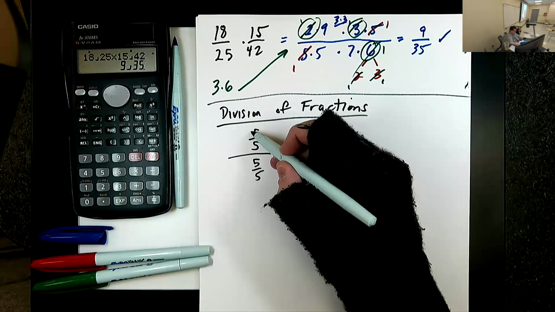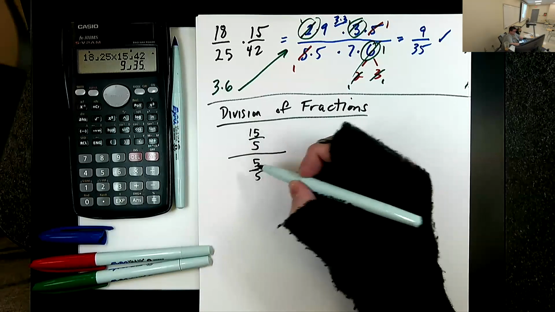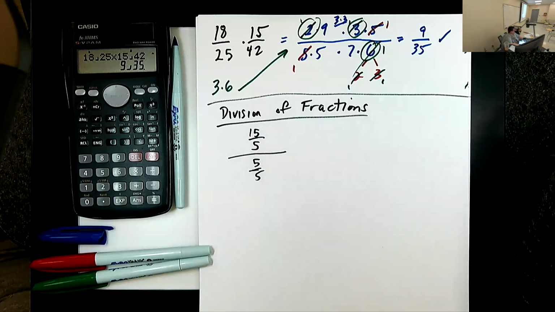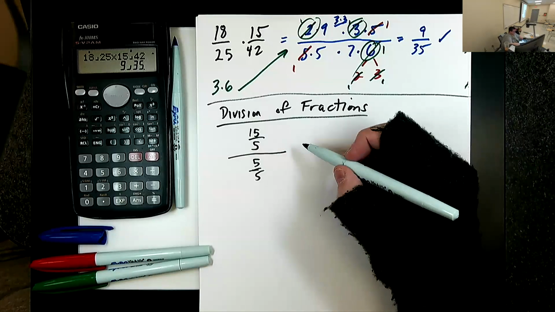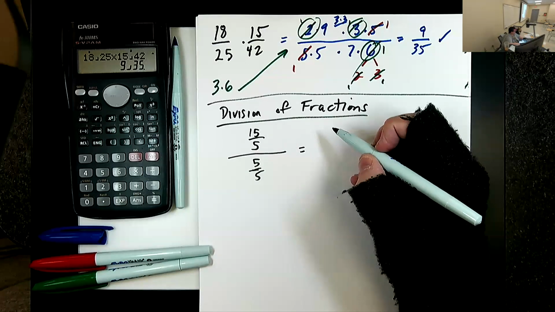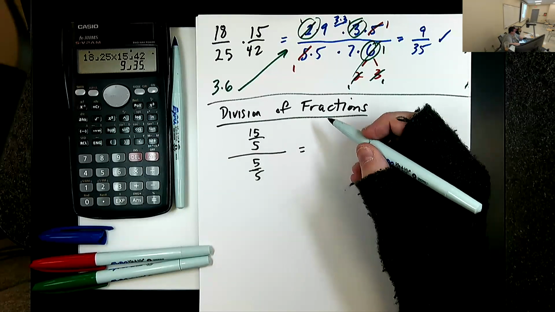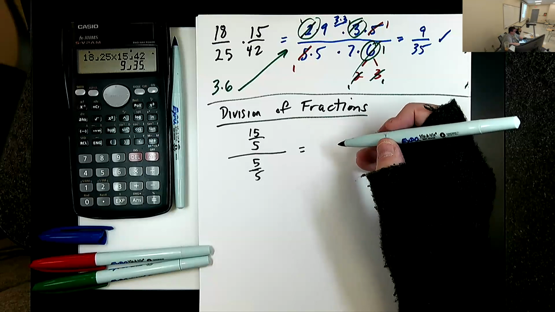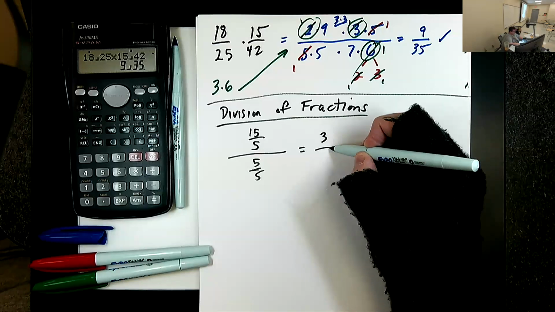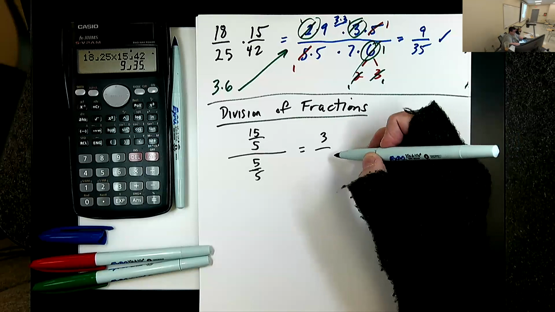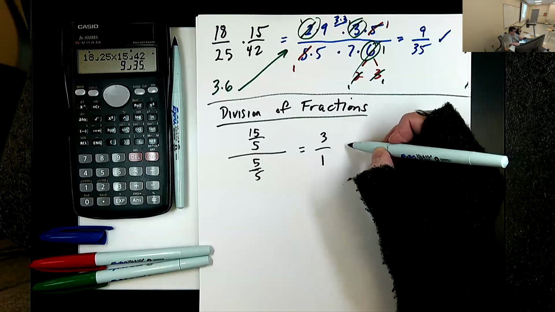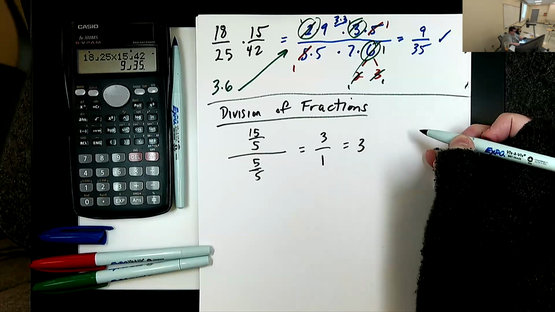No, let's make it 15 over 5 divided by 5 over 5. Let's do that. What is 15 over 5? If I divide 15 by 5? 3, right? And 5 divided by 5 is 1. And 3 divided by 1 is 3.